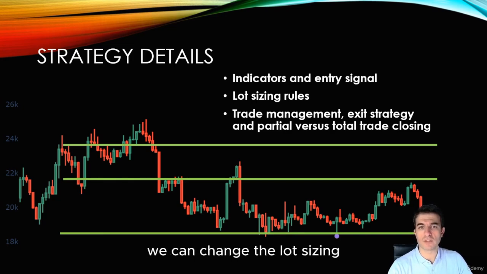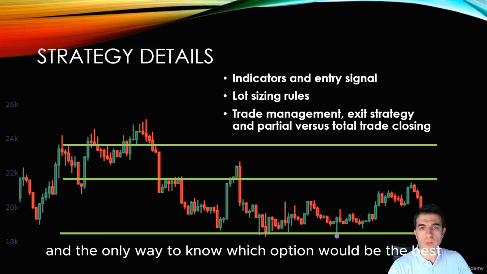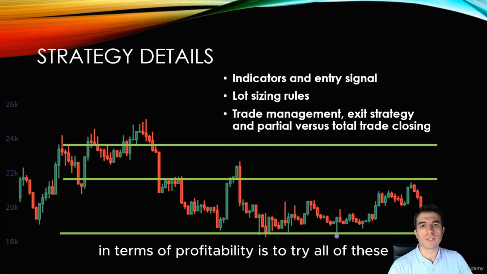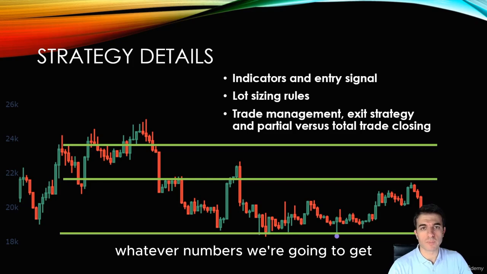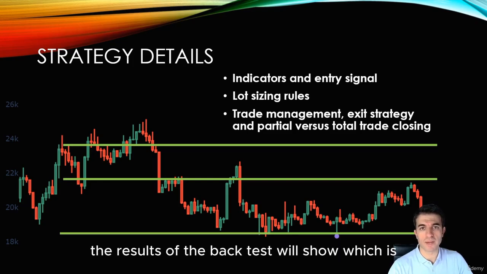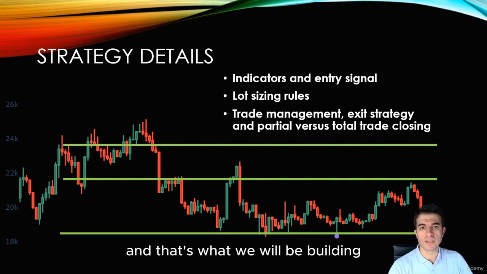We can change the lot sizing, we can change the way we are exiting the market, and the only way to know which option would be the best in terms of profitability is to try all of these ideas and include them in the backtest in our Python code. Whatever numbers we're going to get, the results of the backtest will show which is the safest and the best strategy to pick. And that's what we will be building, and we will start coding in the next video.